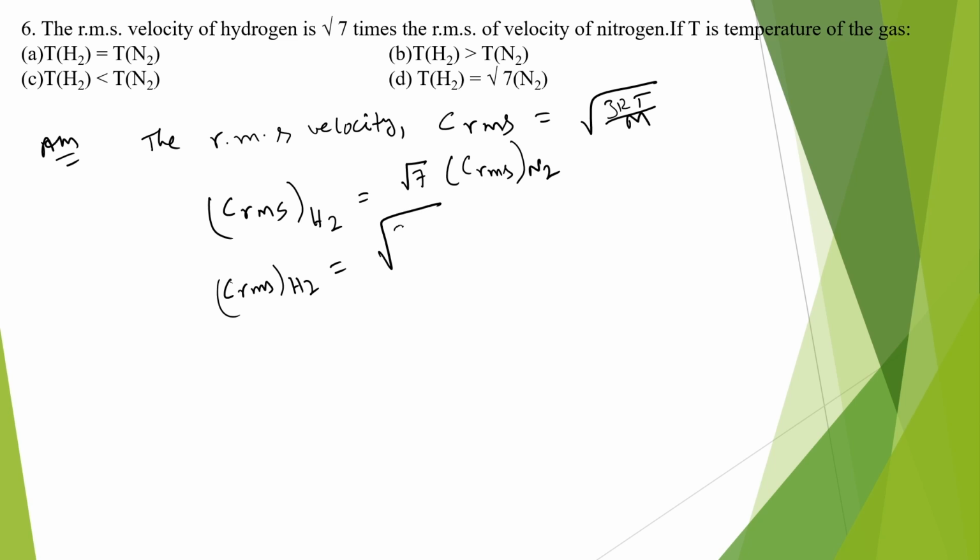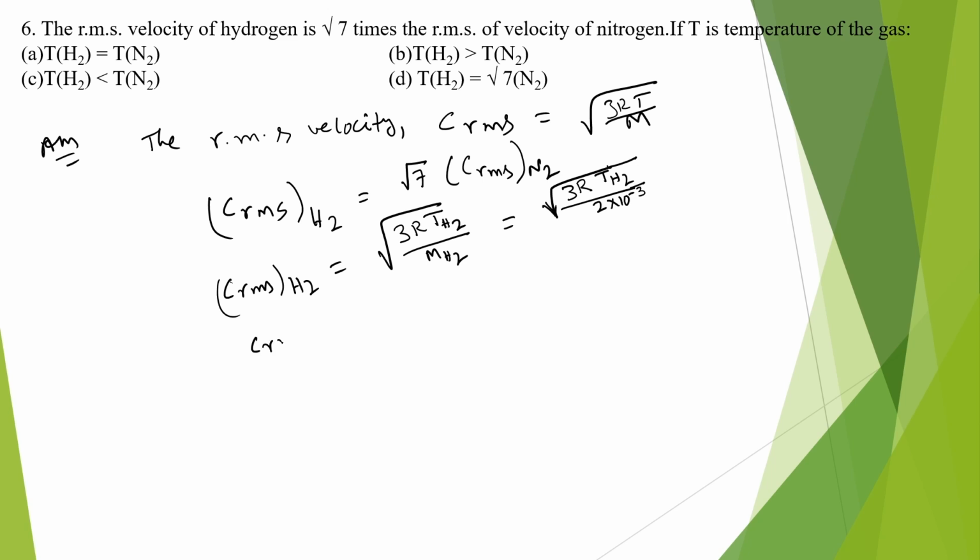Root over 3RT of hydrogen by m of hydrogen, so we get root over 3RT of hydrogen by 2 times 10 to the minus 3.